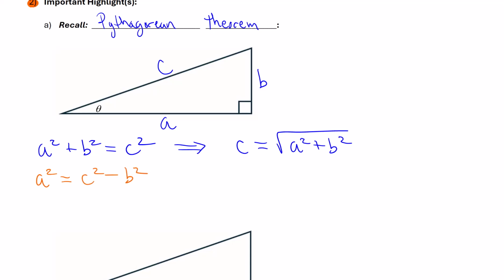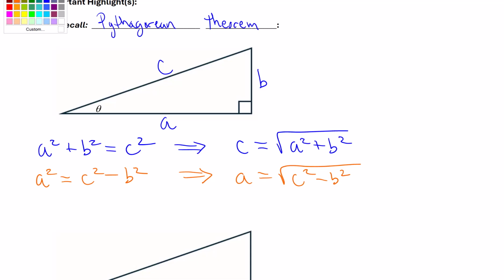And then if I wanted to solve for a in that form of the equation by taking the square root of both sides, I'd end up with a equals the square root of c squared minus b squared.